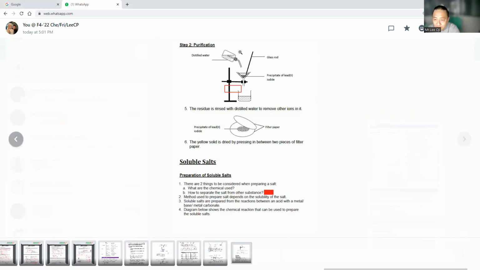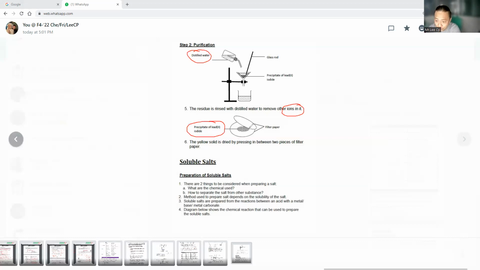So now, second step, the purification. The salt that you got just now, you don't know whether it is pure or not. So you rinse it with distilled water to remove the other impurities and substances, and throw them away. Then the precipitate is lead iodide already.